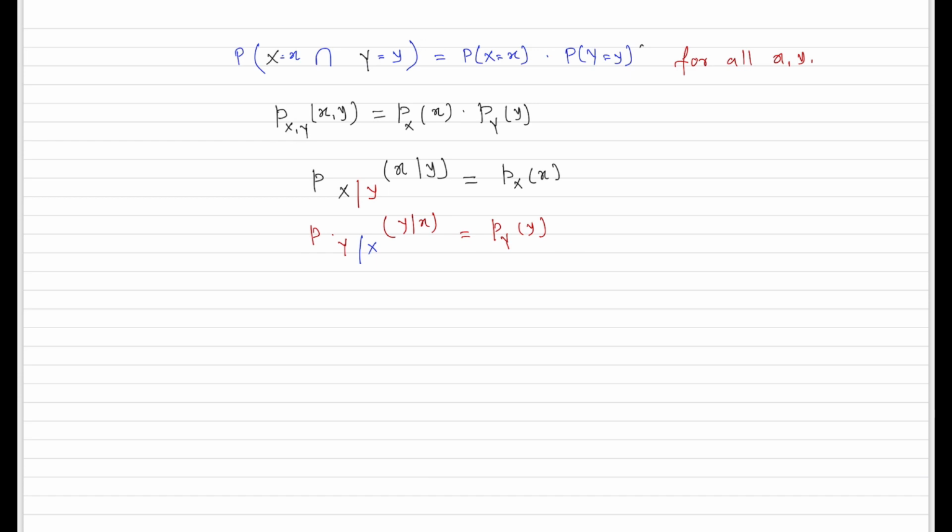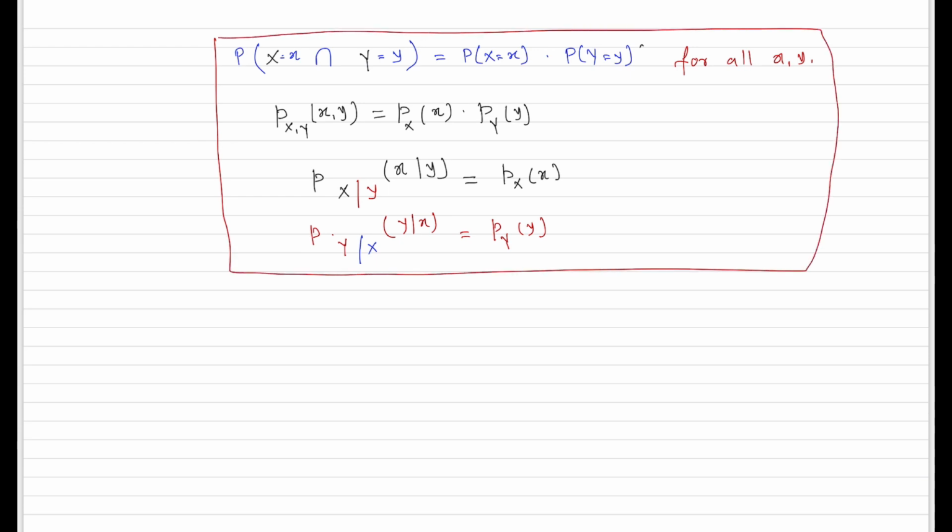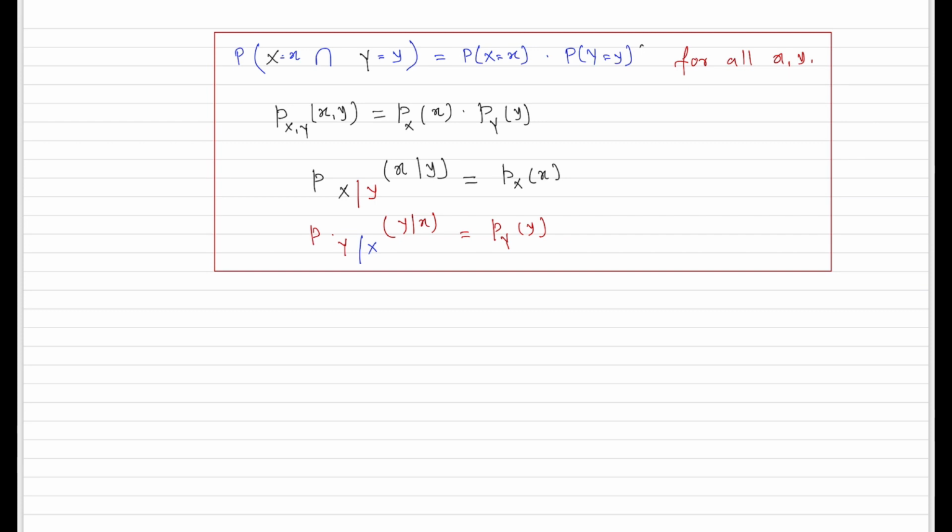Now we can proceed further and talk about multiple random variables. Just now we talked about two random variables; the idea will be the same. Let's say we have three random variables, x, y and z, and these three random variables are independent.